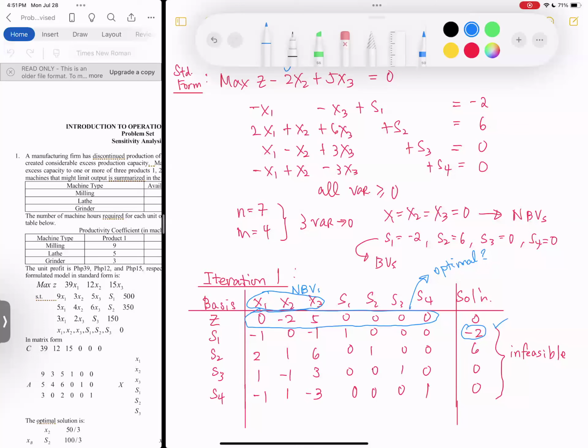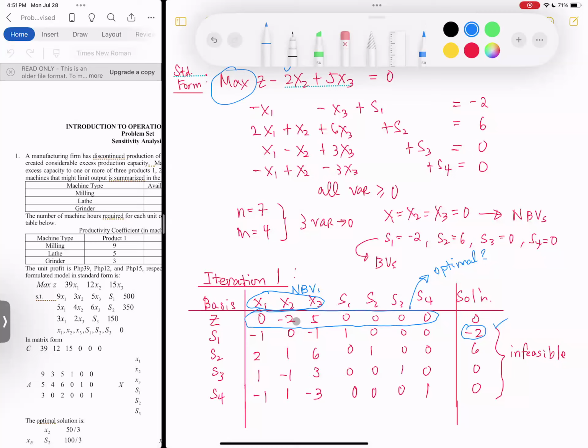Take note, you have a maximization problem. Not yet po, sir, because of the X2 column. Not yet because of the X2 column. For a maximization problem here, this row, the coefficients of the non-basic variables in the zero should all be non-negative.